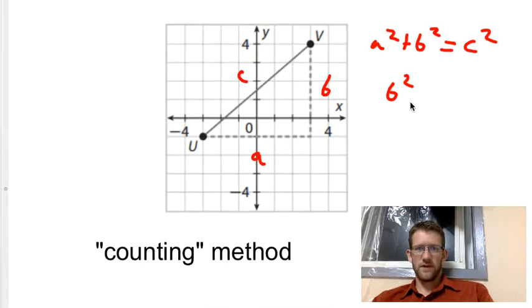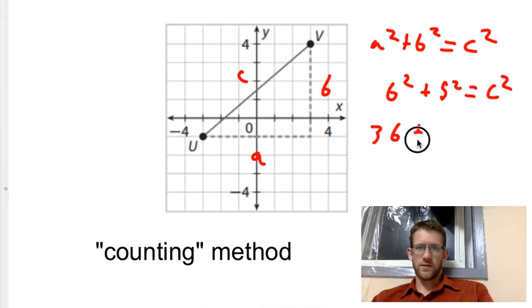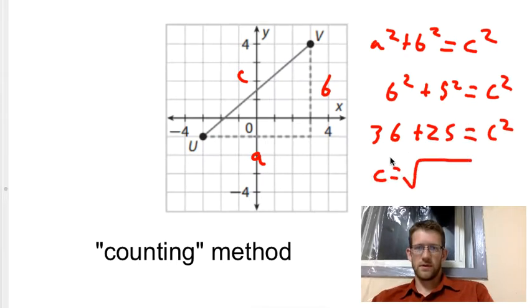So that's 5 units. So 6 squared plus 5 squared equals c squared. That's 36 plus 25 equals c squared, where c equals the square root of the sum of those two, which is 61.